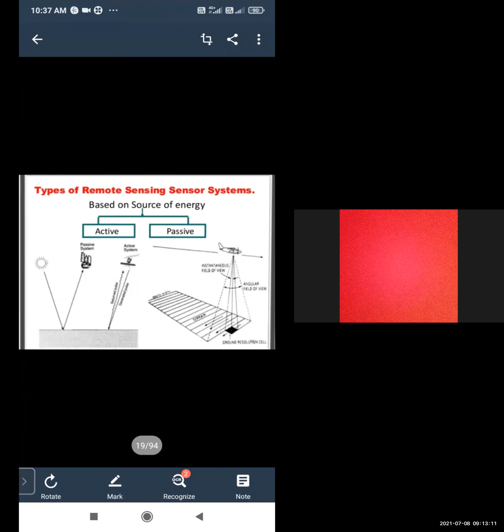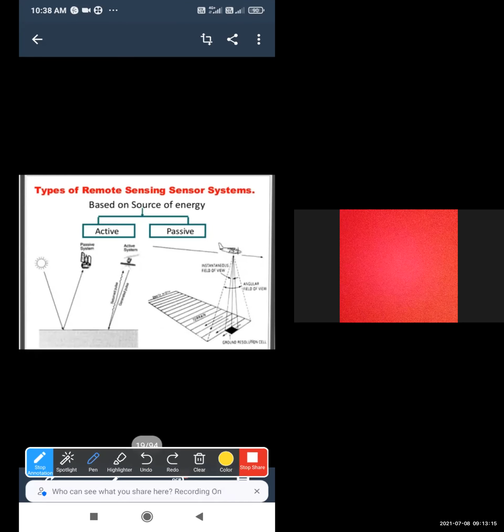Okay, so in passive energy source, radar is an example of passive. Okay, so what is radar? Radar is radio detection and ranging. Okay, next is the LIDAR.